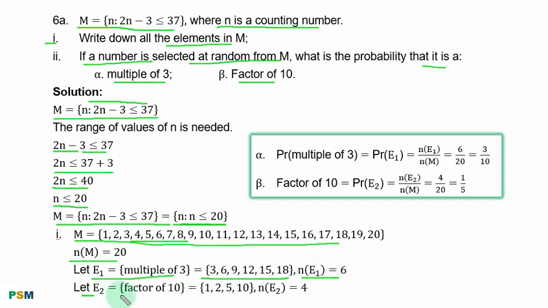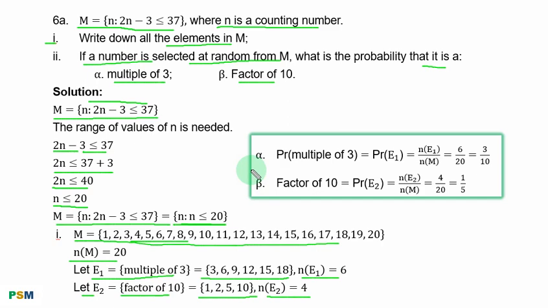Event E2, factor of 10. All the numbers that can divide 10 in set M, you write them out. They are 4 in number.